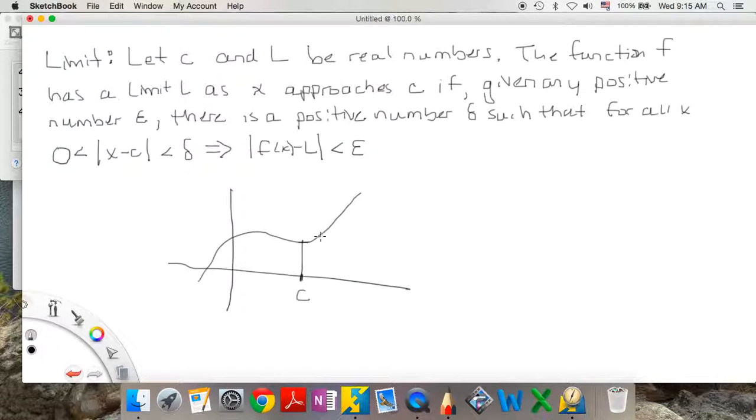So if we started at some x value, then the space between the two is delta.